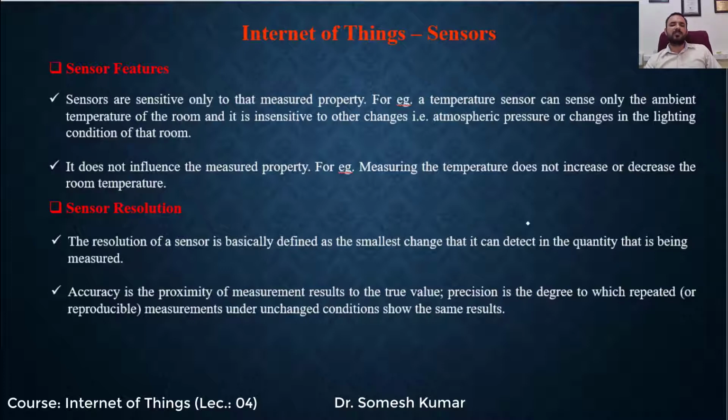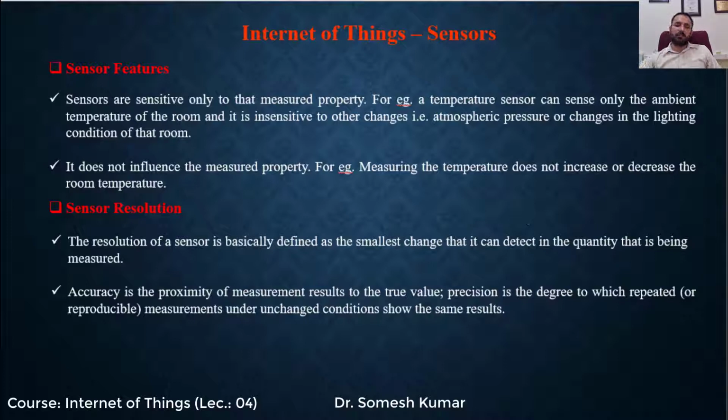The smallest change that a sensor can measure is called the resolution. For example, 30.0001, and that 0.0001 is your resolution. The higher the resolution, the better the sensor; sensor quality can be measured in terms of its resolution.